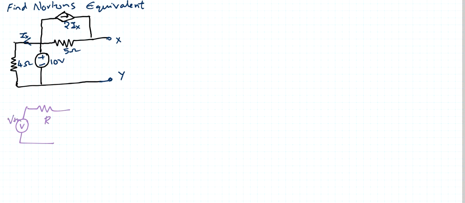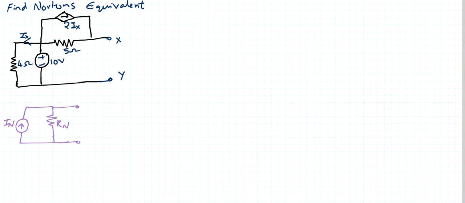This is VTH, this is RTH. Norton's has a current source, IN, with a parallel resistor. This is the difference between Thevenin's and Norton's. This is RN, Norton's equivalent.